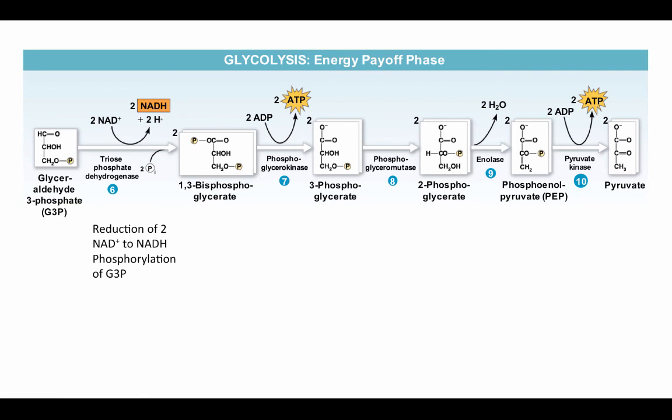So here we're going to have the reduction of 2 NAD plus to NADH, 1 for each of these G3P molecules. And then also this G3P is going to be further phosphorylated using inorganic phosphate from the environment. So now we've got 2 phosphate groups on our molecule.